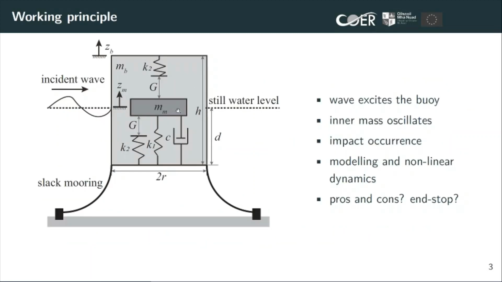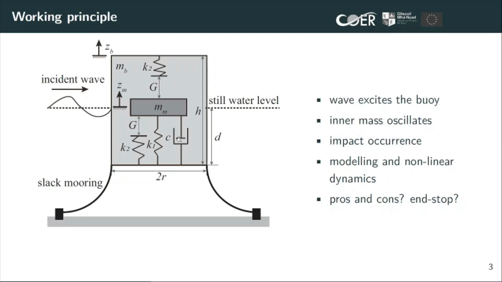As shown in this figure, a floating buoy with mass mb oscillates under the excitation of incident waves, and the inner mass mm is connected to the buoy by a supporting spring K1 and the linear damper C. It oscillates due to the interaction force with the buoy. In practice, a linear generator can be used to replace this damper here.